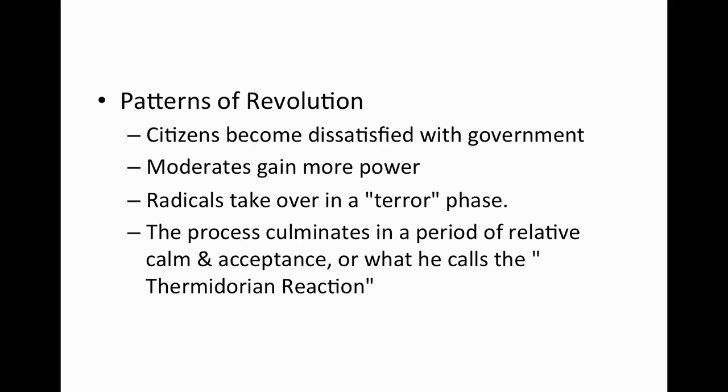All these revolutions used militaries to overthrow the imperial government, but I think a radical phase, maybe it just kind of would focus on the French Revolution, but a radical phase where, again, the revolutionaries turned on each other, right? And then there would be a period of relative calm and acceptance, or the Thermidorian reaction occurred in all of these revolutions, especially in the French Revolution. Unfortunately, that period of calm led to the emergence of an oligarchy and then an emperor in the form of Napoleon.